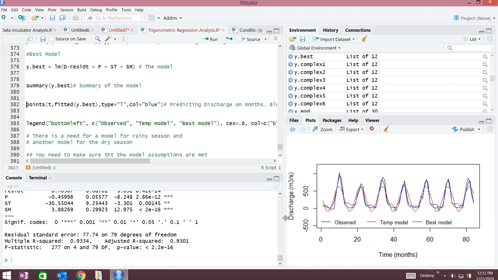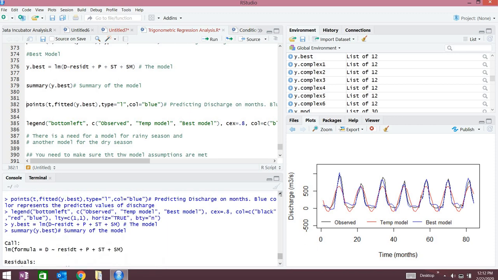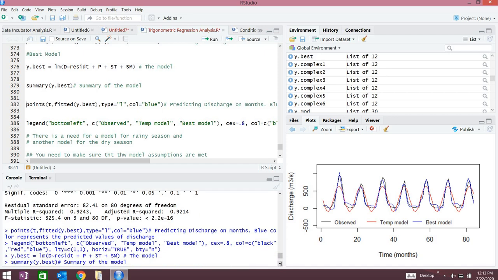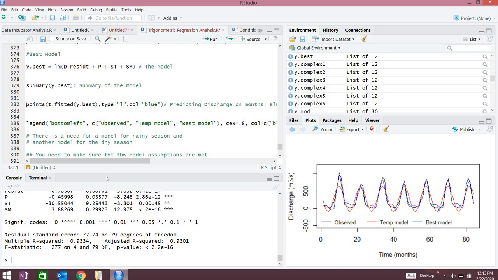It's less than 9%, 93.9. Let's see. It was how many? 92.14. Oh, 0.13. So it's less than 1%. 87.87%. Okay, it doesn't change too much.